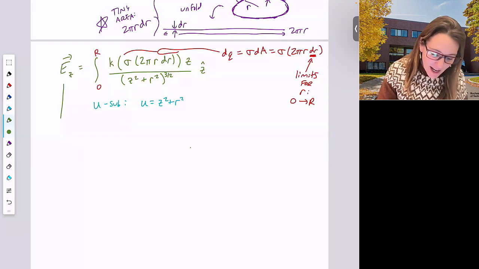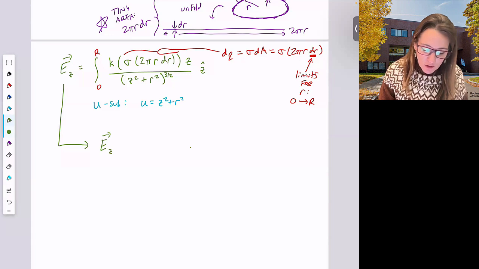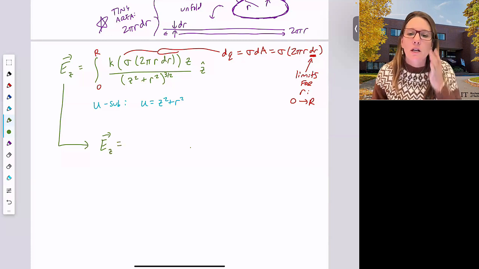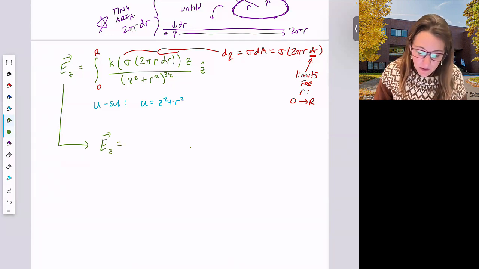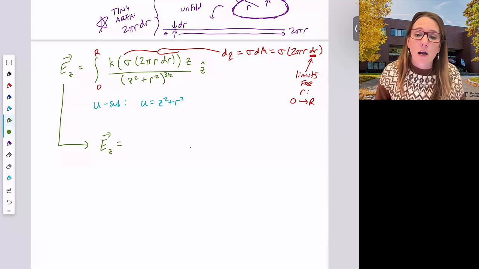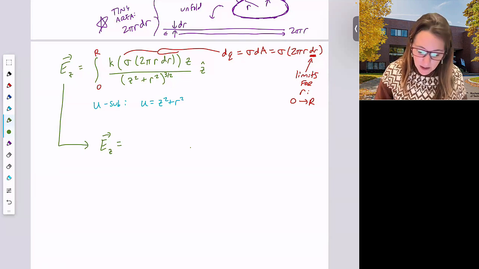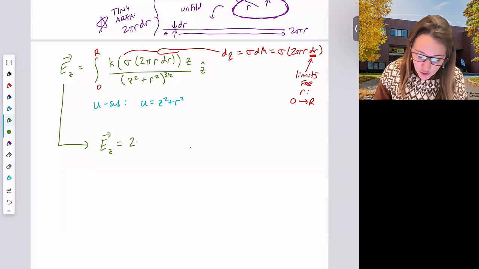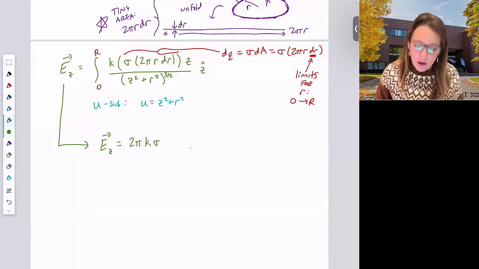But if I just go ahead and write down what we would get if we execute this integral and do a little bit of algebraic rearranging, then I get that E sub z, and again, this is all just on the z-axis above the plane, is going to be equal to 2 pi k sigma. So these are just constants that we had all along.